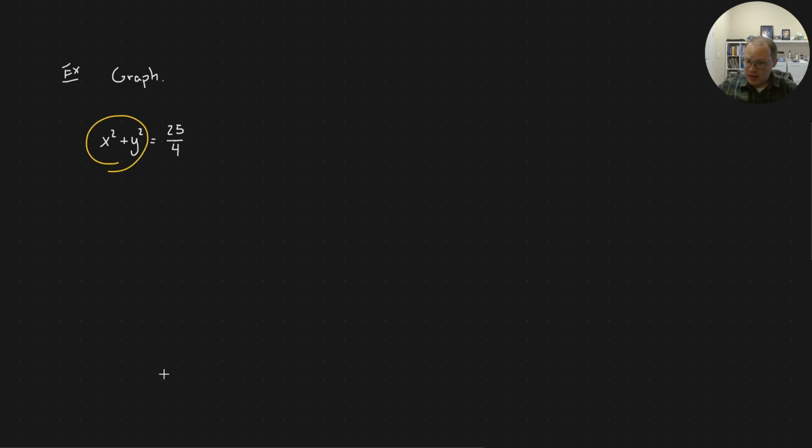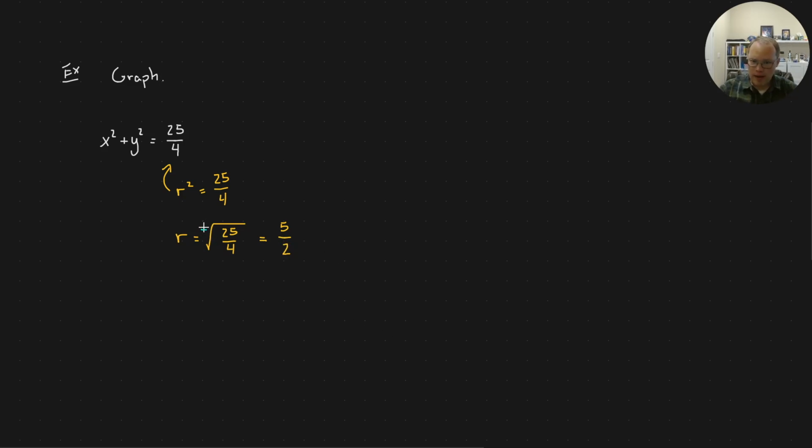So the x squared plus y squared bit, that's telling us, hey, we got a circle here, and the center is the origin. Okay? The only thing that we need to identify here is, hey, what's the radius? Okay? Now remember, this is the radius squared. So the radius is going to be the square root of that, which is just 5/2. Okay.